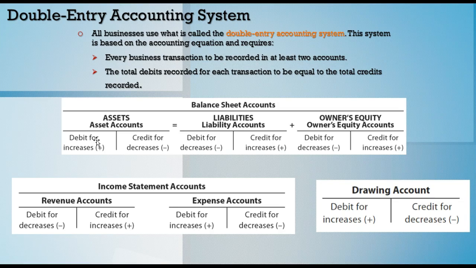I would have to subtract from here. Now, since I've subtracted from here, I'm going to need to subtract from here also. So to subtract from a liability, I would have to debit. So I would credit cash and I would debit accounts payable. So you want to always keep that equation in balance.